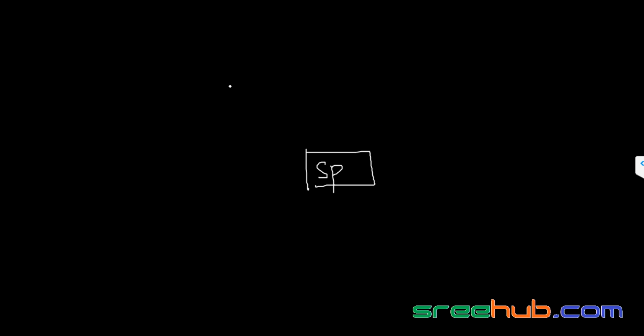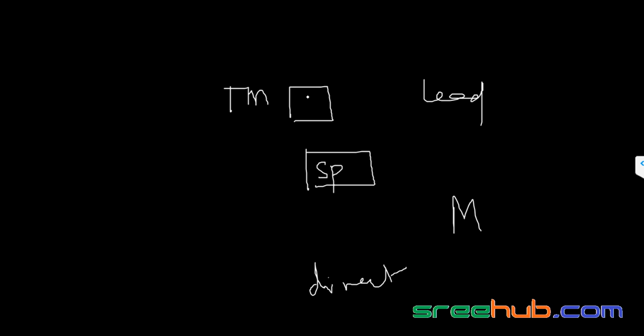Again we'll take the same roles of team member, lead, manager and director. With SharePoint, whatever Word document the team member is preparing, he has to upload into SharePoint. Let us say the team member works on this for 5 days, and after the 5th day he uploads this Word document into SharePoint.